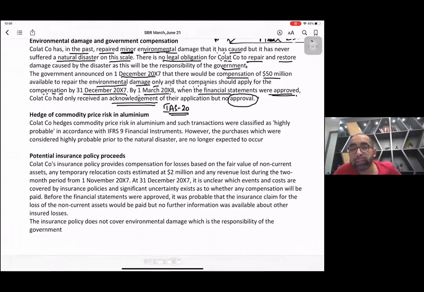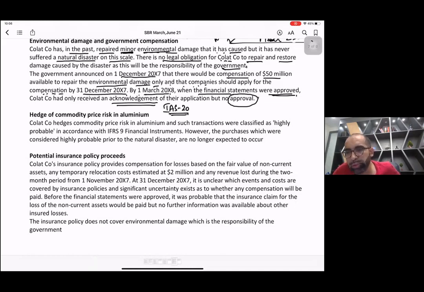In my recordings, in my notes, in my PDF files, this issue is available: discontinuation of hedge accounting. Believe me, I've taught this. They are asking only one case. I taught 2 cases in class. In reality, there are 2 cases.